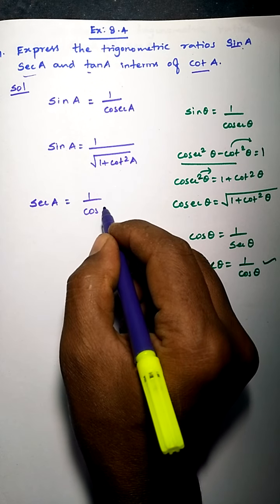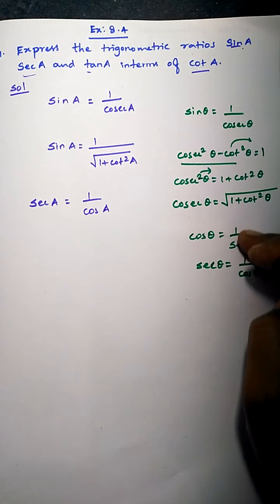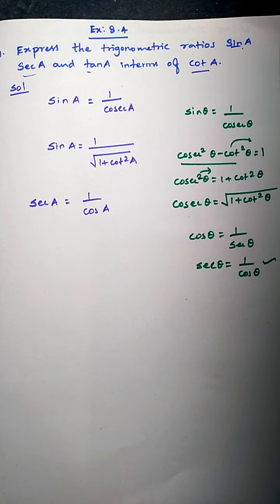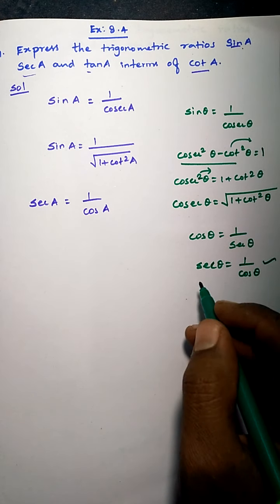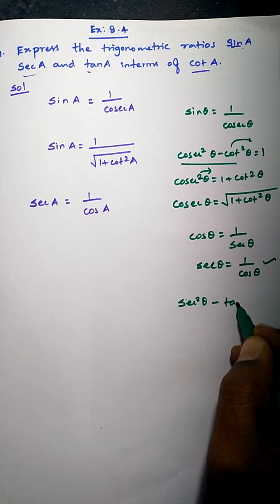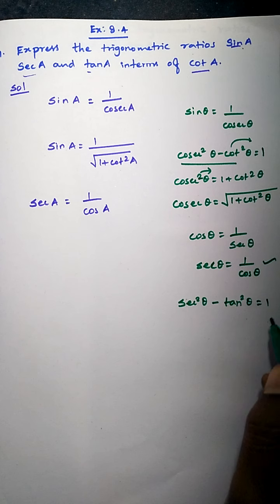This is a reciprocal formula. Everything is based on these formulas only. If you have any doubt, please go through these formulas. And we have one more identity here: secant square theta minus tan square theta equal to 1.